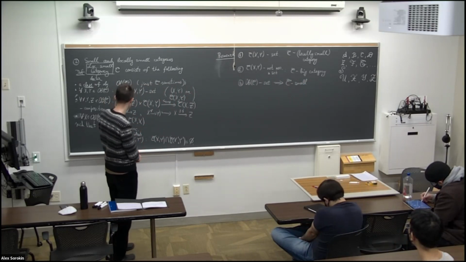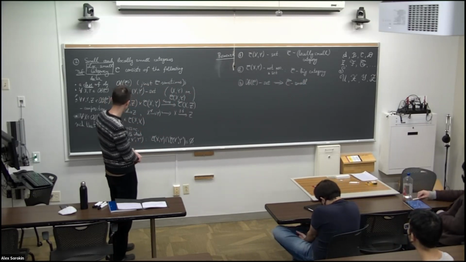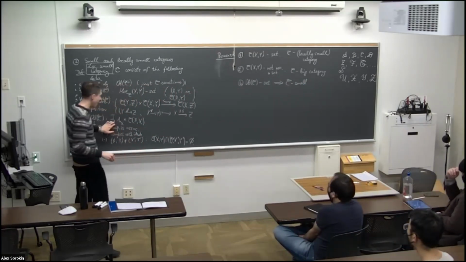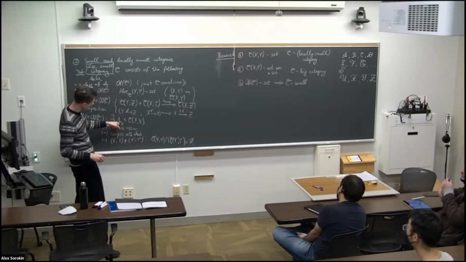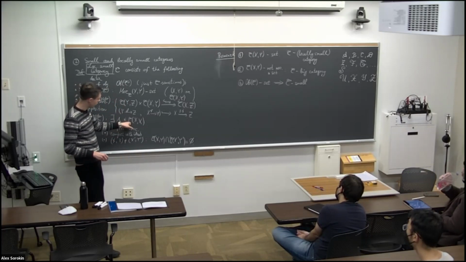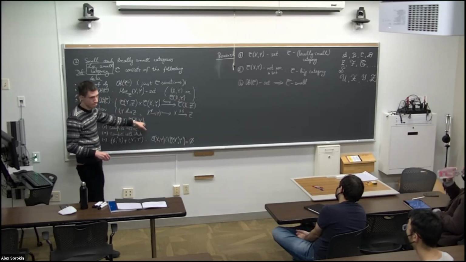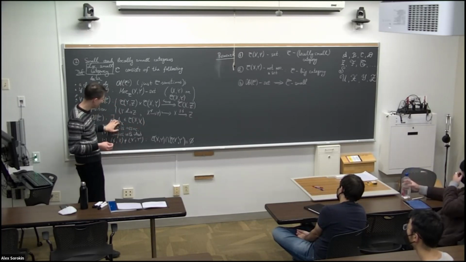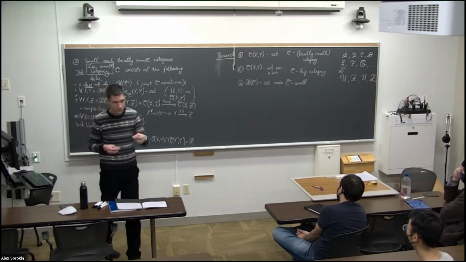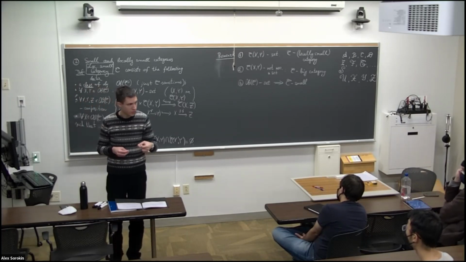Okay, that's one. Second thing is the following: every identity morphism belongs to the set C(X, X). But what we have here is a choice. Every choice of an element can be stated differently as a function.